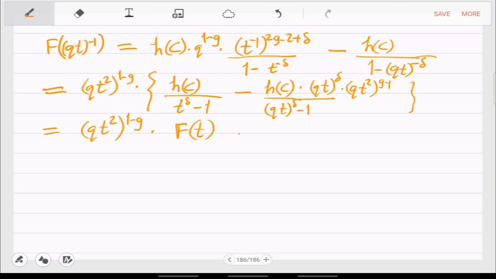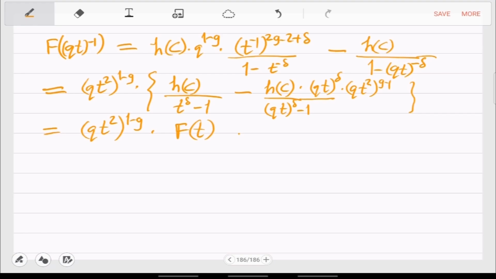Is there a minus sign? Where? Is that F or minus F? Should be fine, because in the denominator I have made it 1 minus t raised to delta.